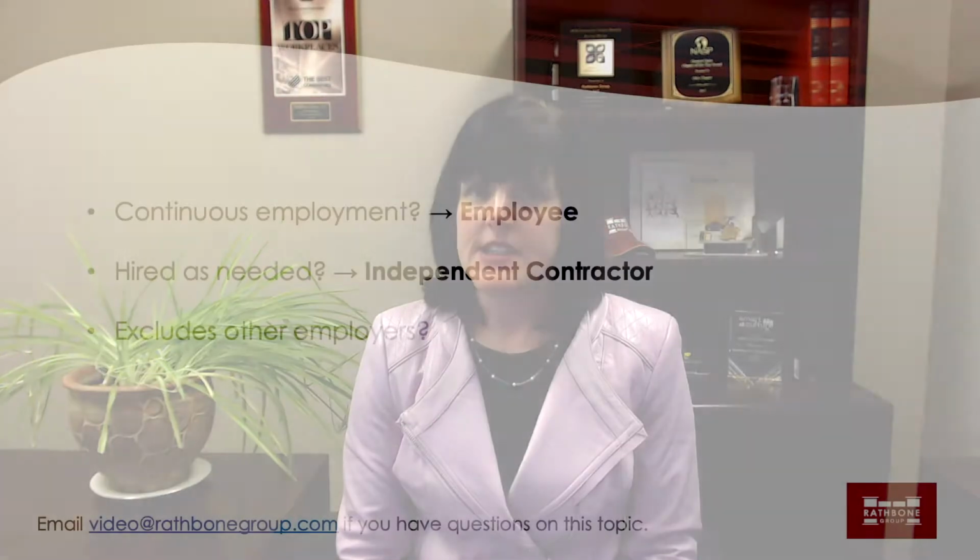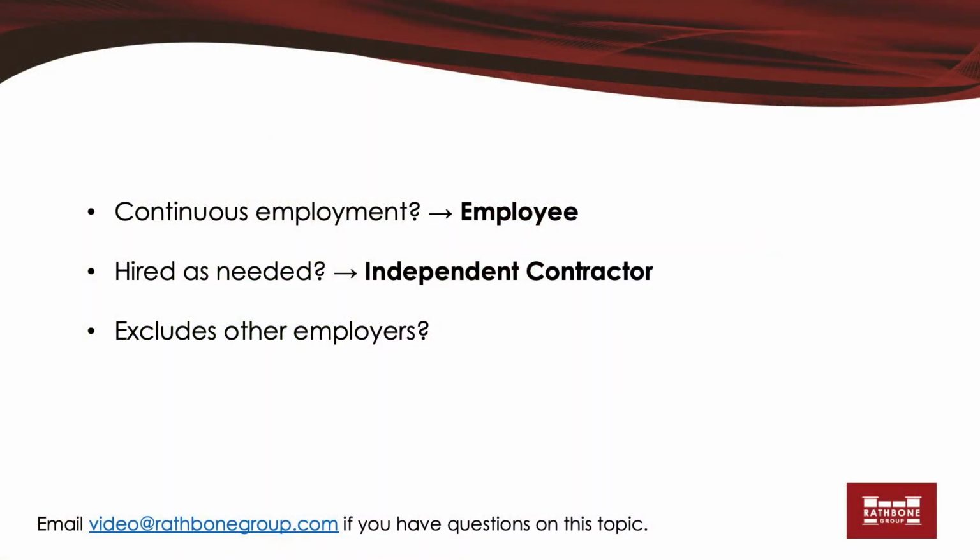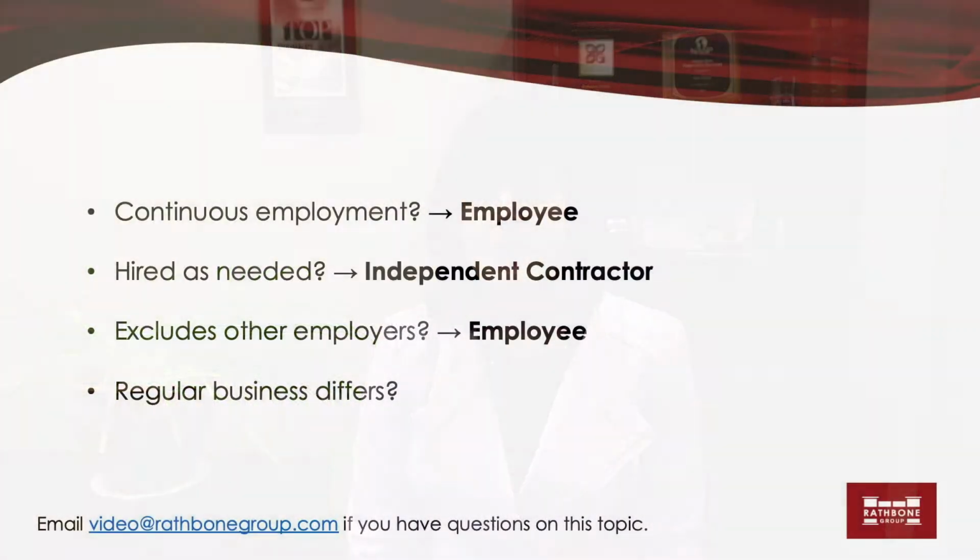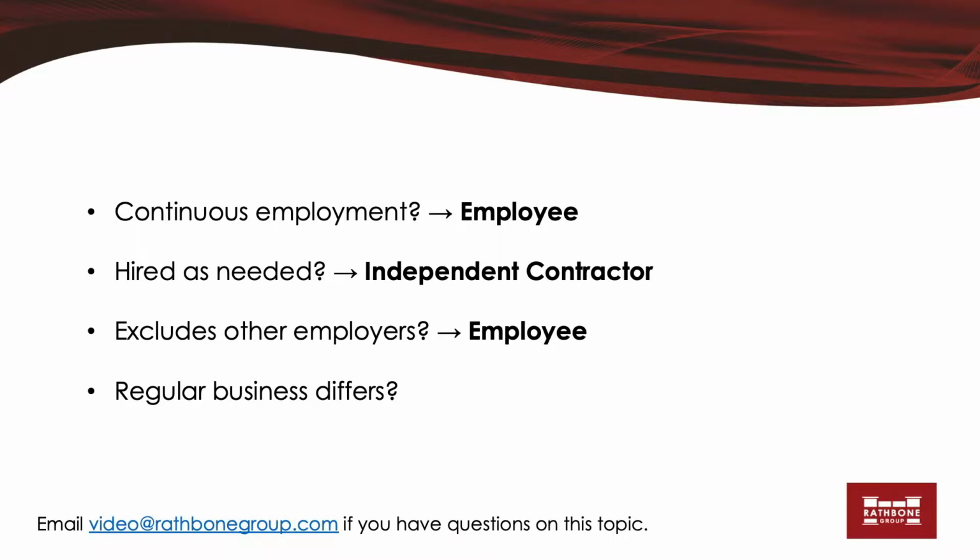If the contractor works to the exclusion of all other employers, that's an indication of control, and that's going to be more of an employer-employee relationship. If the regular business of the employer differs from that of the independent contractor, that's an indication of more of an independent contractor relationship.